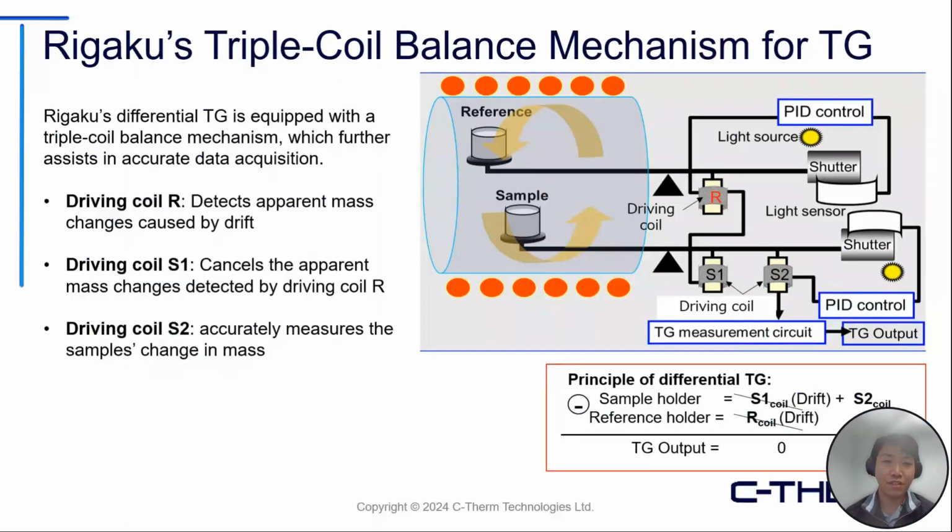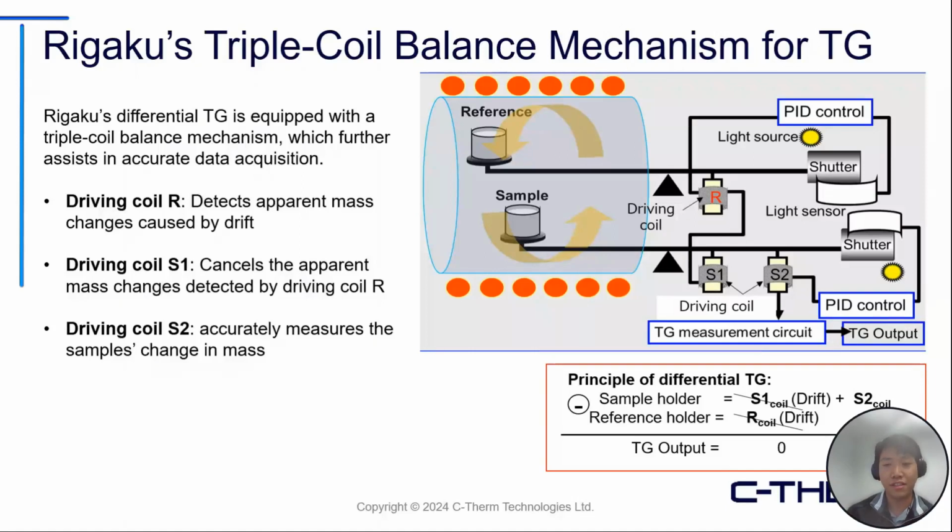So Rigaku's horizontal differential TG mechanism is equipped with a triple coil balance mechanism, which further assists with the accurate data acquisition during the measurement. The entire TG assembly is essentially a balance where a load is applied on one side of the lever and the other side is supported by a known amount of load.